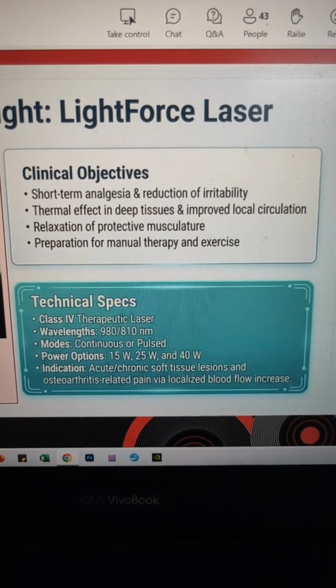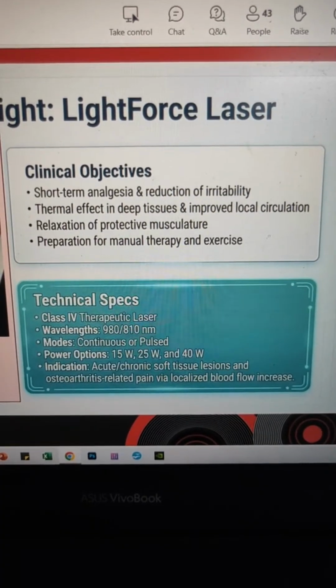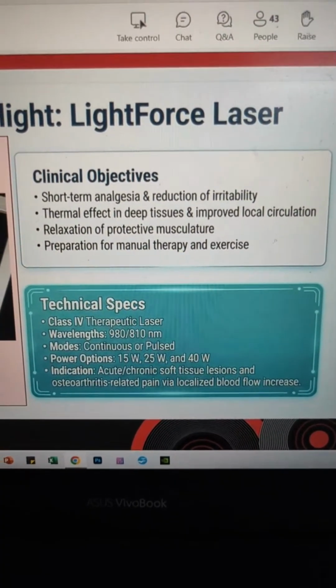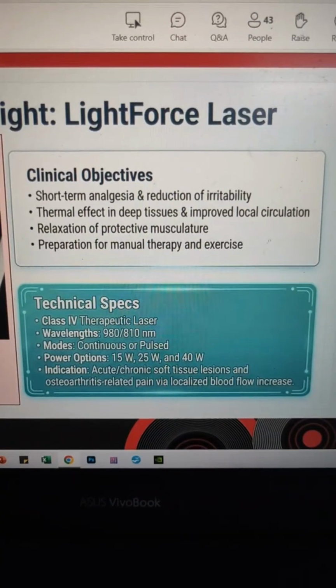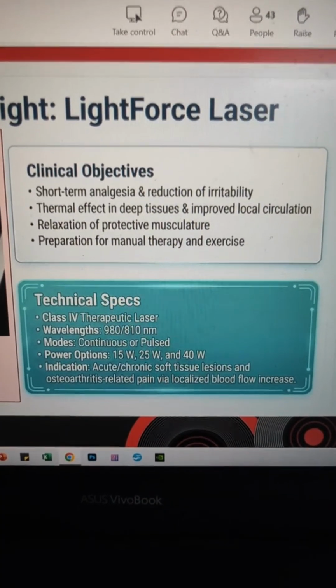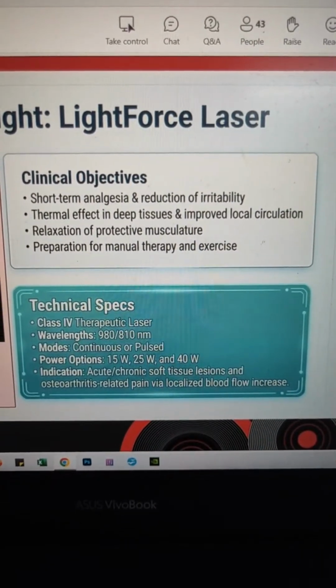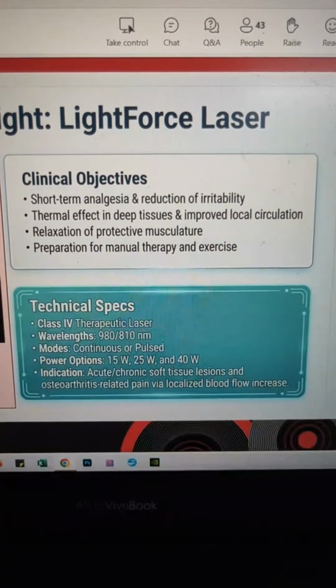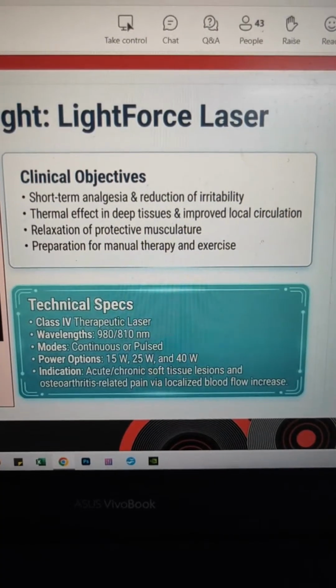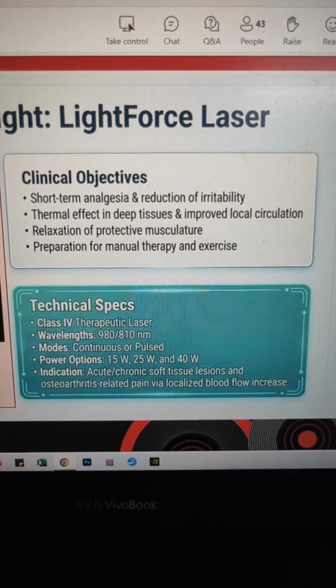Therefore, with the correct dosage, it will allow us to reduce the protective muscular response in the cervical and scapular region, and improve sliding from a fascial point of view between different layers, enhancing the viscoelasticity of the soft tissue. This opens the door for manual therapy, traction, or exercise.